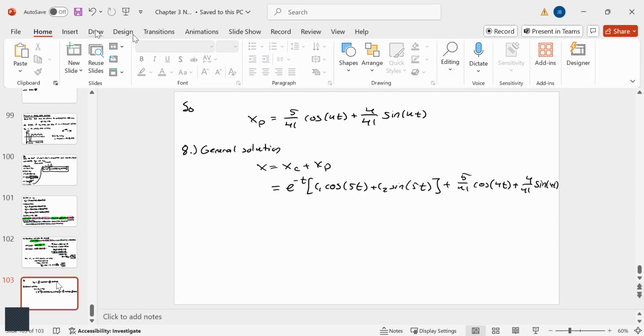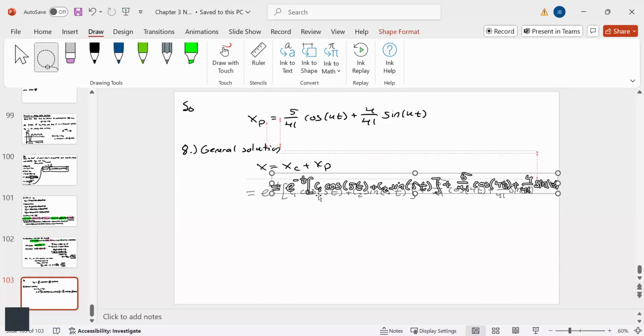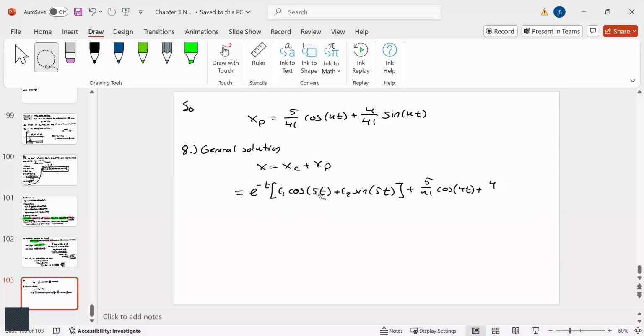So you can see that these answers get quite massive. And then step 9 is solve for c1 and c2.